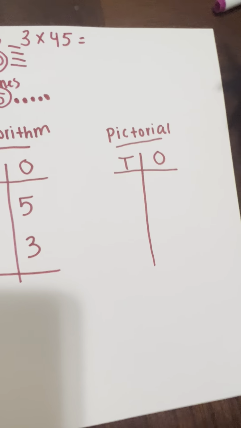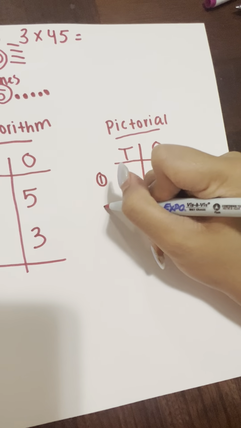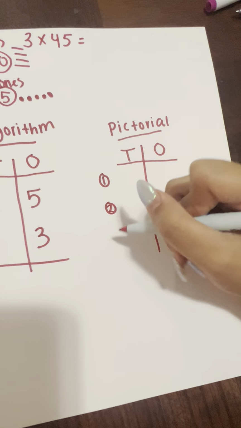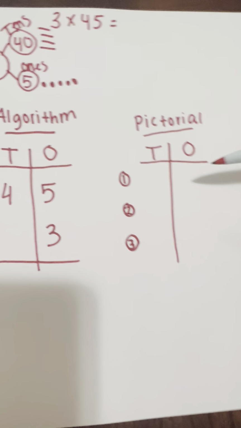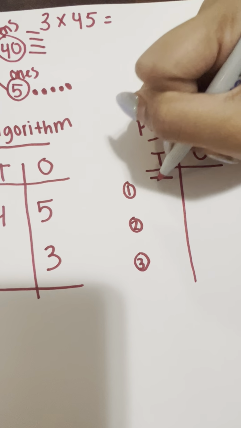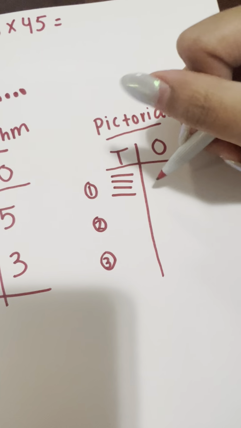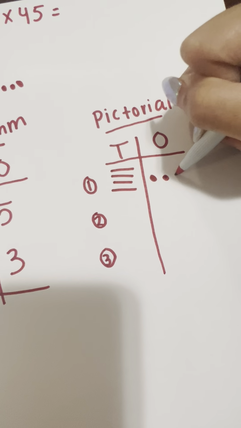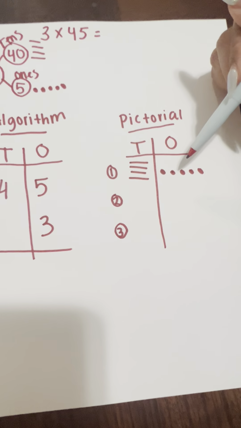So on my pictorial side, I'm going to create my groups: my first group, my second group, and my third group. How am I going to make 45? I have 4 tens, that's 40: 1, 2, 3, 4. And I have 5 ones: 1, 2, 3, 4, 5. This is 45.